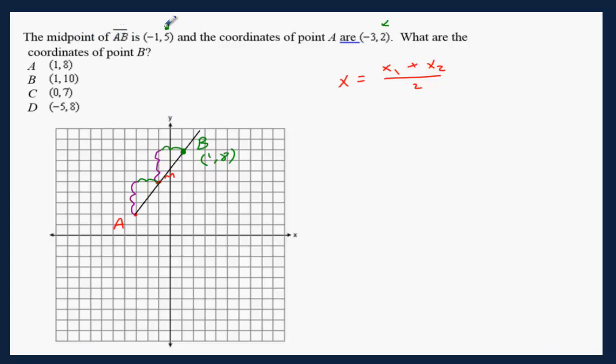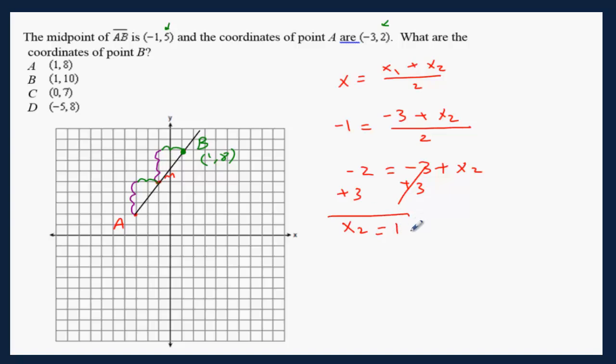The midpoint is -1. So -1 equals -3, which is x1 from A, plus x2, that's what we need, over 2. Cross multiply: 2 times -1 is -2, and that equals -3 plus x2. Add 3 to both sides, you get x2 equals -2 plus 3 equals +1.